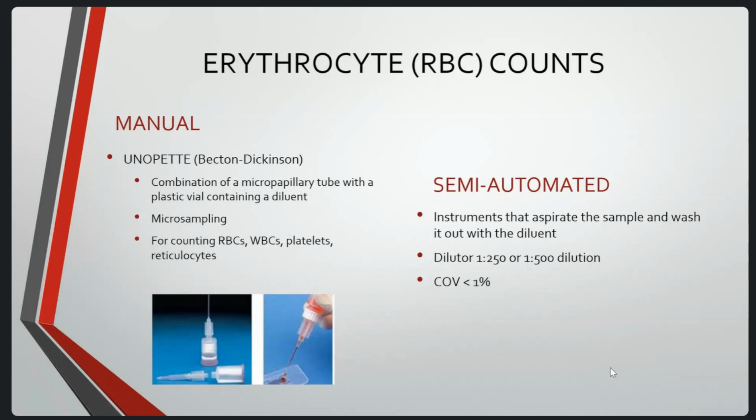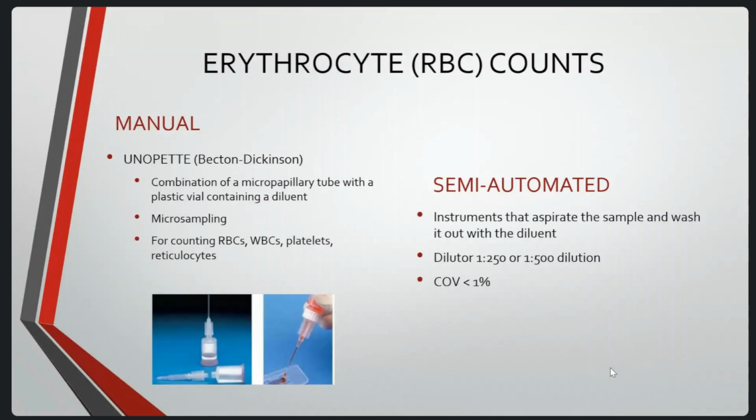The next one is our RBC count. For the red blood cell count, here is the UNOPETTE. I don't know if our medtechs here still encountered this. This is what it looks like. It has a small container with a fluid, and a plastic tip wherein you put the blood and then mix it together.